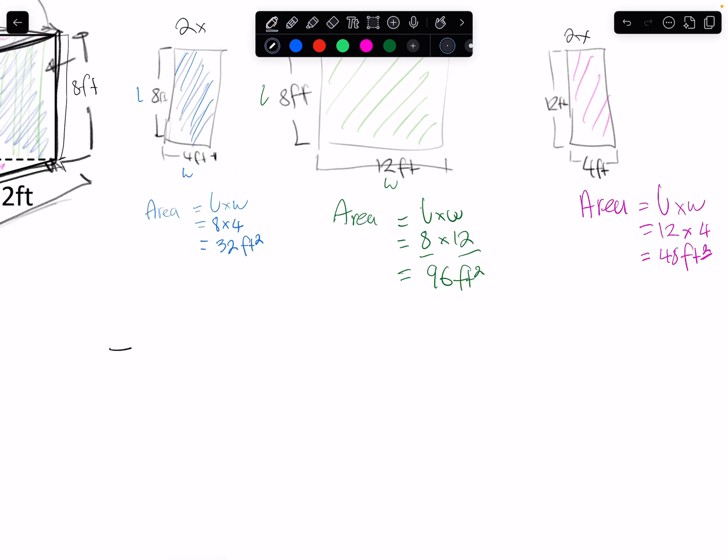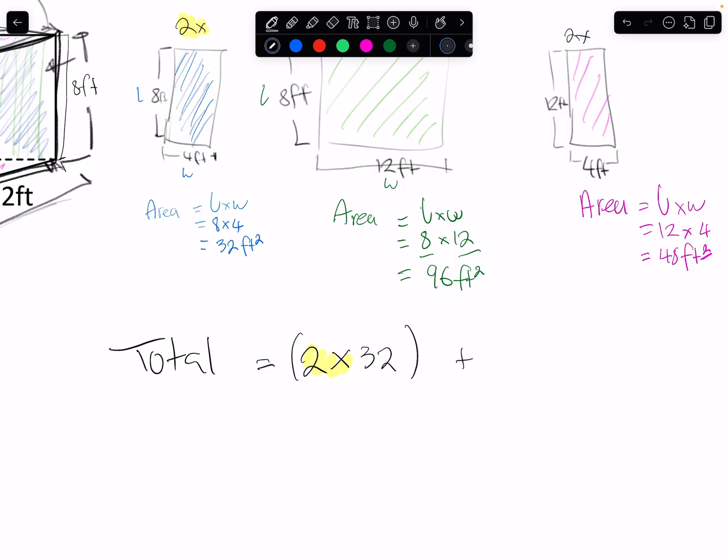Here, the total surface area is equal to the addition of all of our individual surface areas. But remember, we have 2 times 32 because, remember, I'll highlight it. This comes from here because we have 2 of them, right?